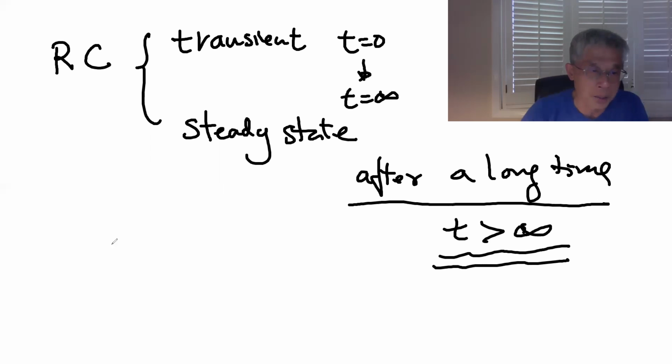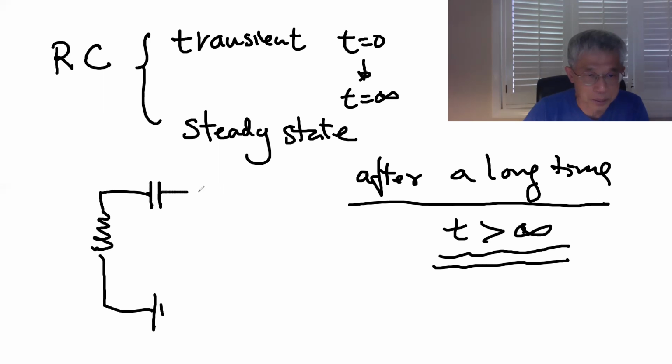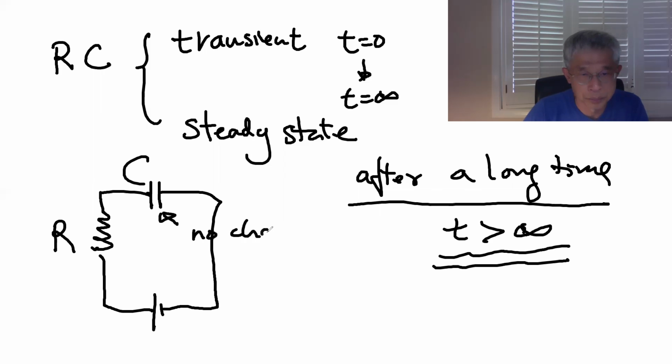So you can see in the RC circuit, you have a resistor, and then here comes a capacitor. You have an R, you have a C. And in the beginning, there's no charge. And you have a plus, minus, usually we call that epsilon.